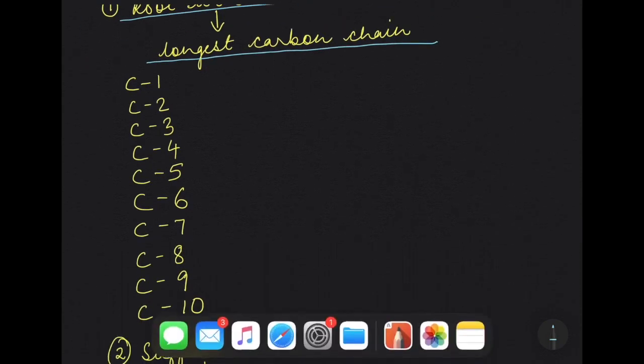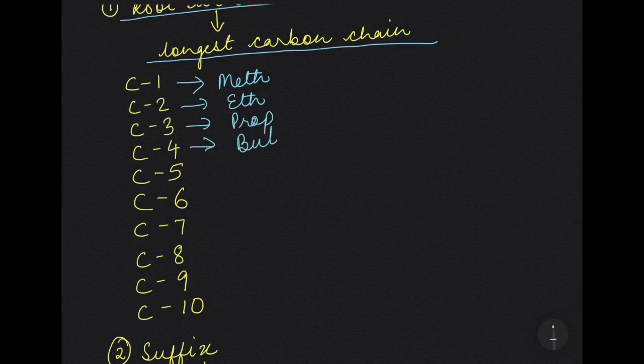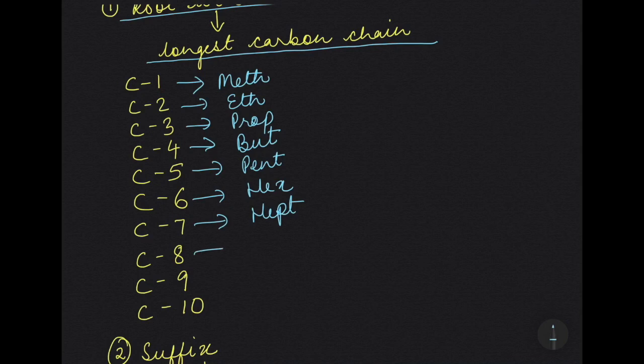So if it is one carbon, what is the root word? Meth. If it is two, then eth. If it is three, then prop. If it is 4, then but. If it is 5, then pent. 6, hex. 7, hept. 8, oct. 9, non.